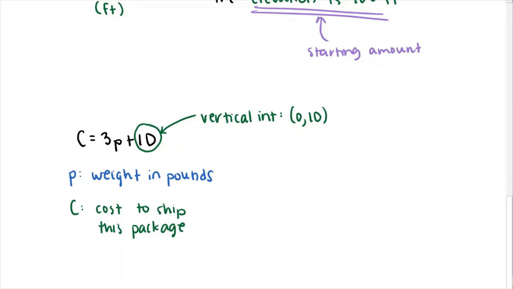Right, so the solution with an input value of 0, when p is equal to 0, c is equal to 10. And what is this telling me?